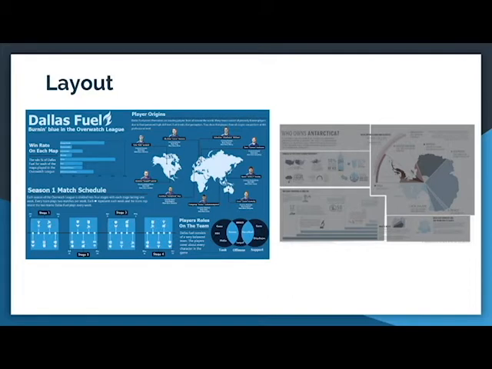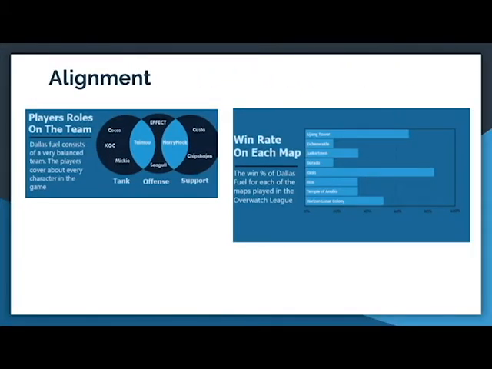And finally, sorry, I'm going to talk about the alignment of my infographic. And I'm going to be honest, I think alignment is where I did worst on my infographic. It's something I didn't pay attention to very much in comparison to the other aspects, and it's definitely something I need to work on in the future whenever I create different graphics.